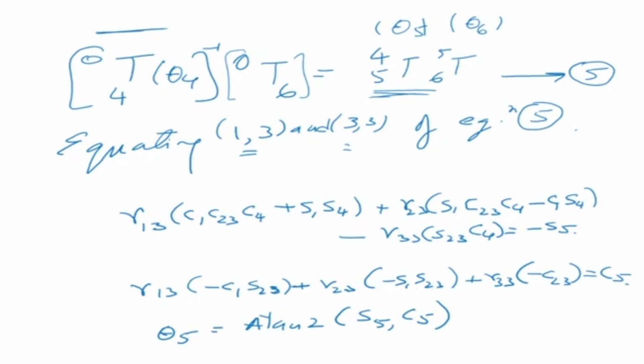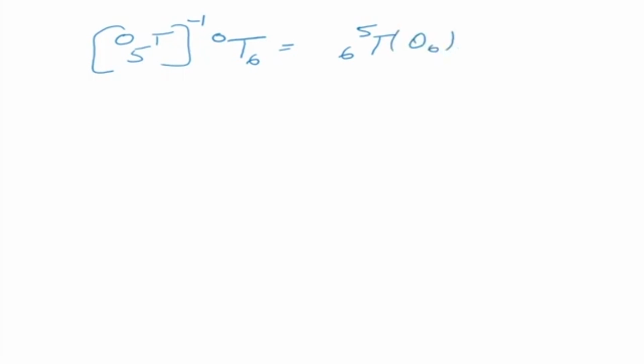What will be left on the right hand side is only theta 6. Okay, so this is the logic we are following, and now we bring T 0 to 5 onto the left hand side. When we multiply this with T 0 to 6, we get T 5 to 6, that is theta 6. So the right hand side only has one variable, which is theta 6, which is unknown.